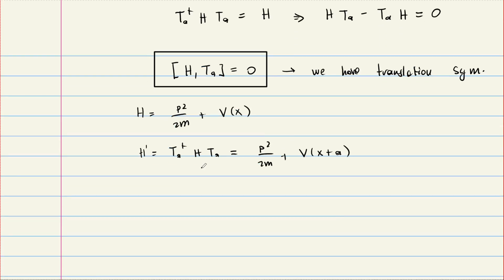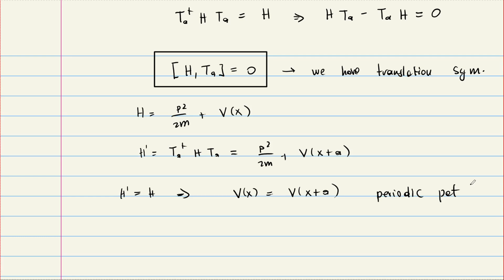And if there is translation symmetry, that means H prime is equal to H, right? Then the P squares are the same. The only requirement is V of X should be equal to V of X plus a. Or another way to say it is we need to have periodic potentials. So that's exactly what we did in the first hour.